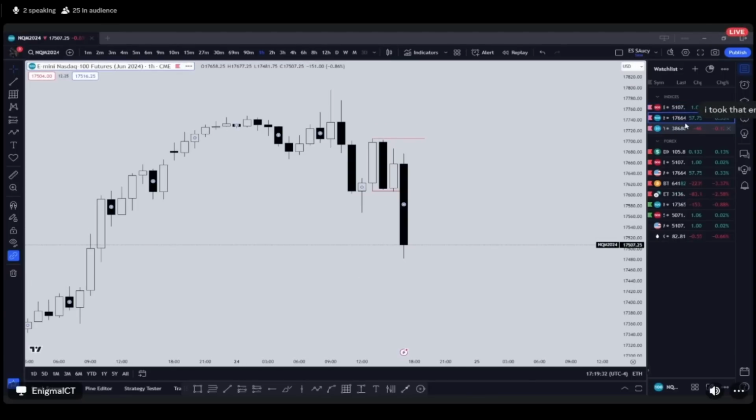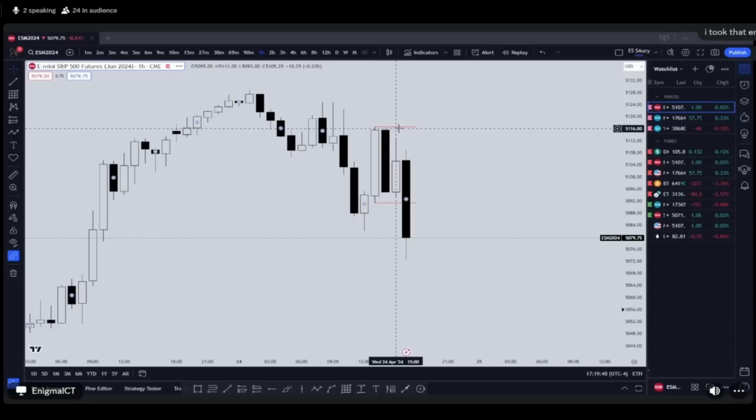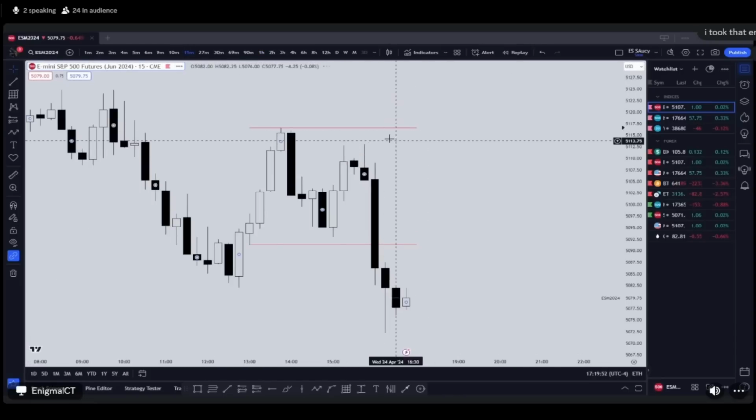So this is the inside candle. I took that, but I target the 1 hour range high. So you were targeting this. So this is not a bad target, but the only issue with this target is you have to see how the market does while going there.